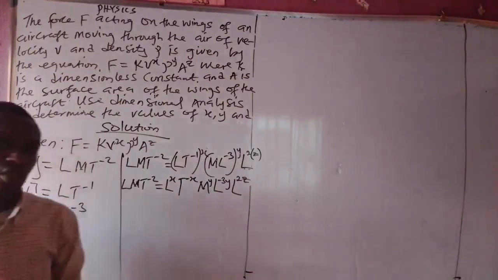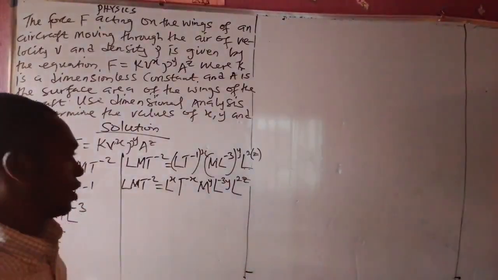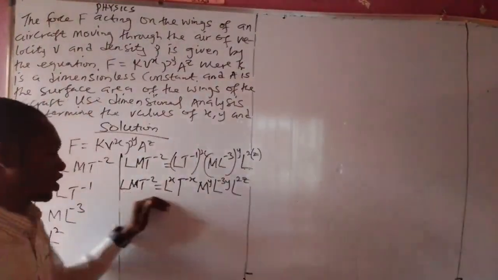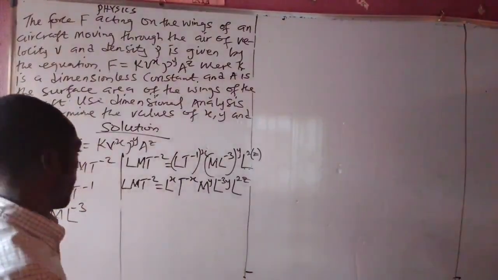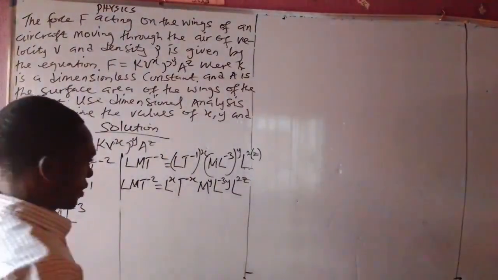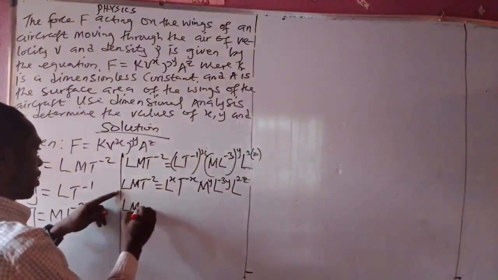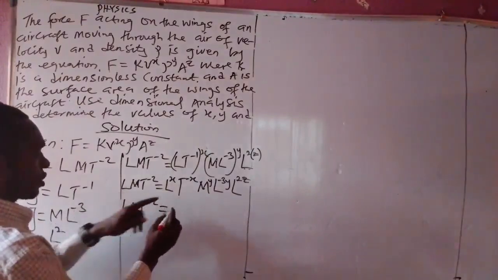Now, after I've done this, the next thing is to equate the exponents based on each parameter or each quantity present. But before we do that, we will carry out a rearrangement.